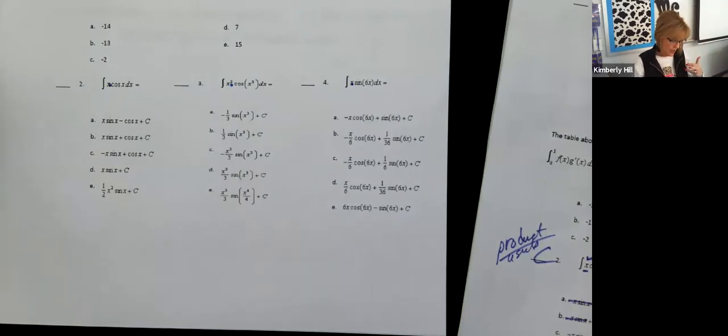So I need to know which of those 2, 3, or 4 can I do u-substitution on. I see a number 3. Anybody else want to venture to guess? Okay, so only one person will tell me.